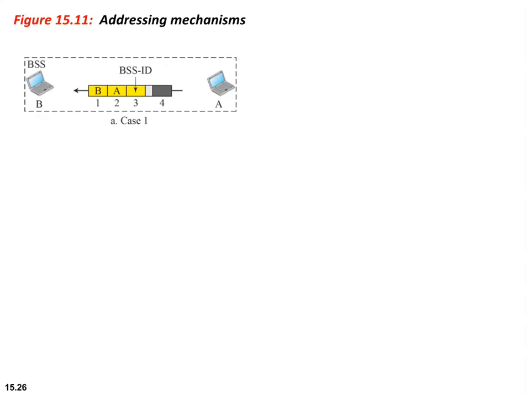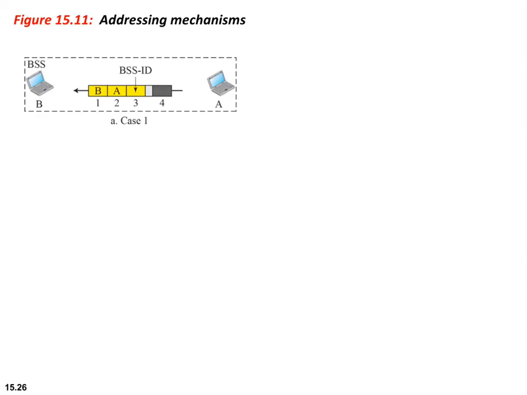Let us see that. So first is case 1, which tells that whenever To DS and From DS are 00, the transmission of the frame is within a basic service set. It is not between the distributed system. DS stands for distributed system.